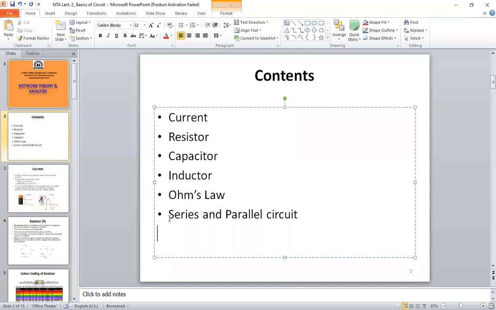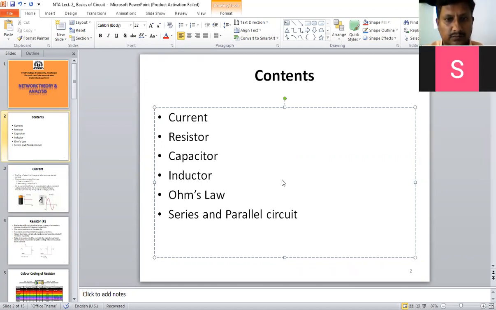How many components are there, how many sources, what are the types of sources and elements, and how the elements are connected, in series, in parallel, or a combination of both. We have to identify and ensure all of this, so these are the things we will understand in this lecture.